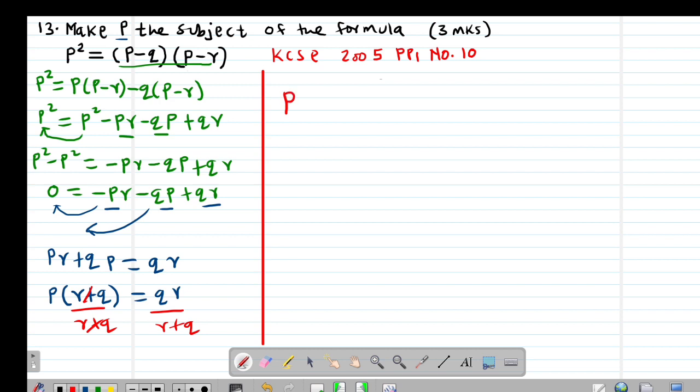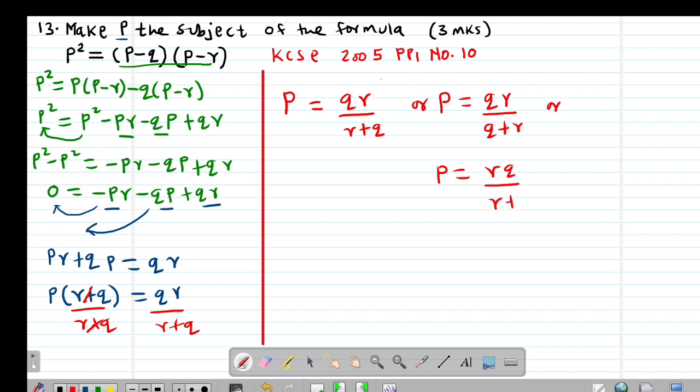So my P will actually be equal to QR divided by R plus Q, which can also be rewritten as P is equal to QR divided by Q plus R, or you can also rewrite it as P is equal to RQ divided by R plus Q.